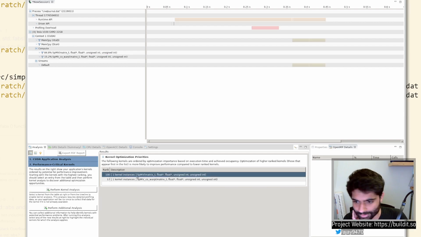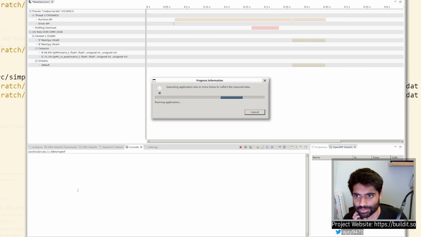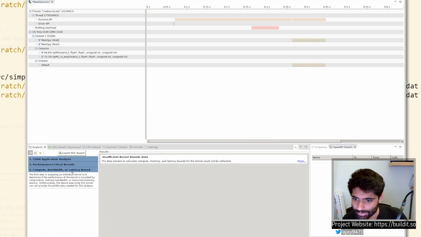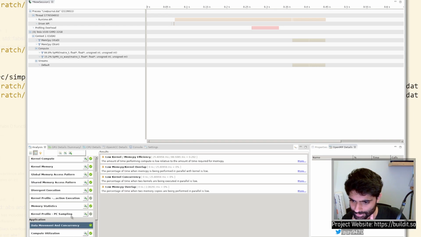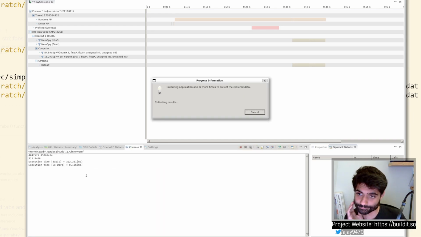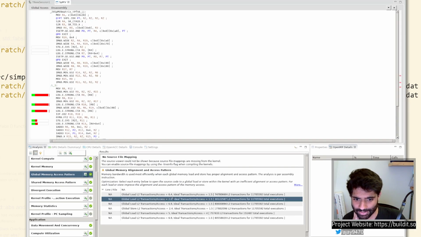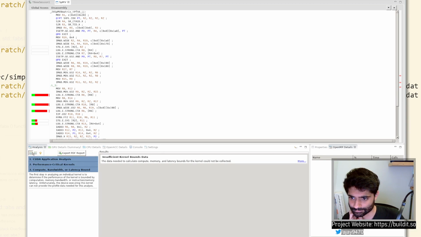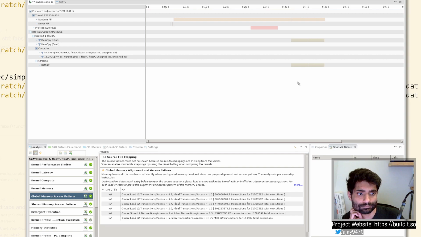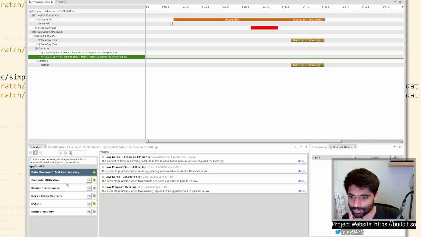So our old one, SPMV, we're going to do the normal kernel analysis on it. Let's look at the global memory accesses, which we had seen before, and they are still bad, like we had seen before. Let's look at the co-warp kernel.